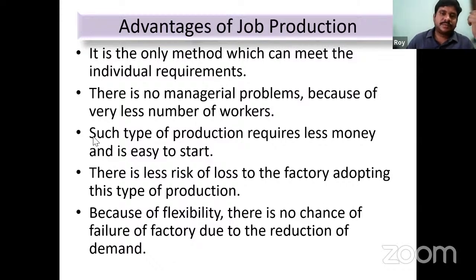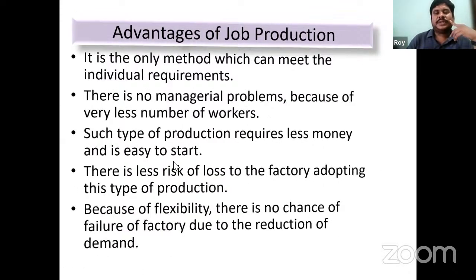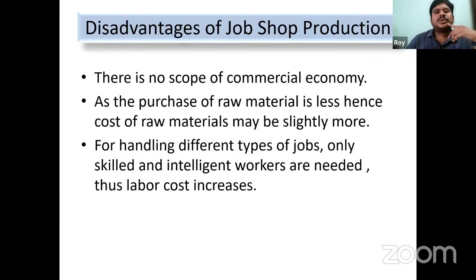Okay. Now, coming to the next part. Disadvantages. There is no scope of commercial economy, since the cost of raw materials may be slightly more. Third one, for handling different types of jobs, only skilled and intelligent workers are needed, thus labor cost increases, right?